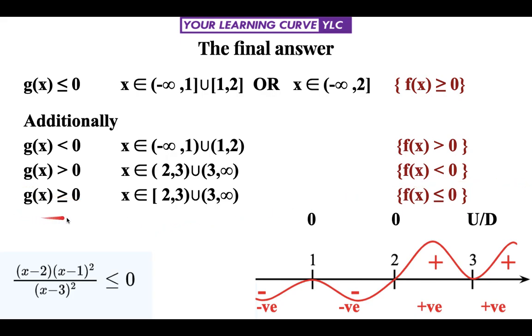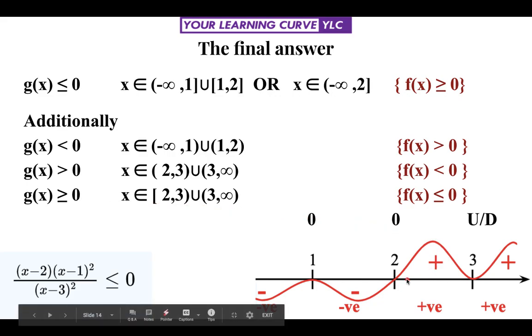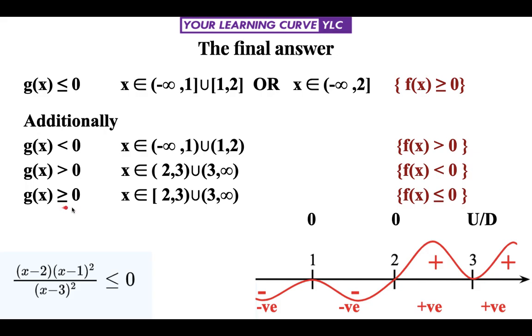Now let's see the last part. If we are asked g(x) is greater than or equal to 0, or f(x) is less than or equal to 0, we have to write the interval where g(x) is positive. So 2 to 3, then 3 to infinity. This is the interval. Now here you see at 2 the value of the function is 0, and here we have been given an equality, so 2 will be included in our answer because we are accepting 0 as an answer.